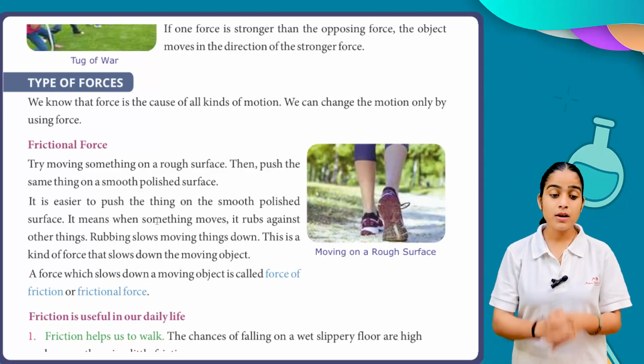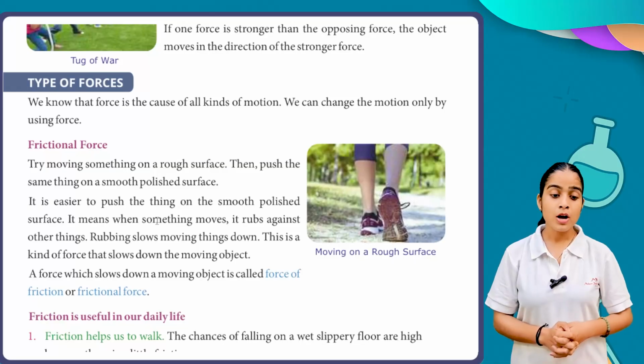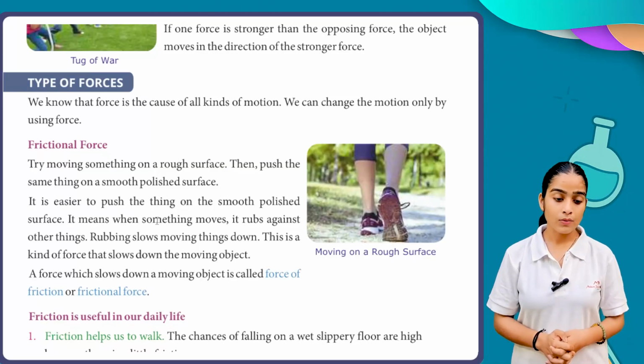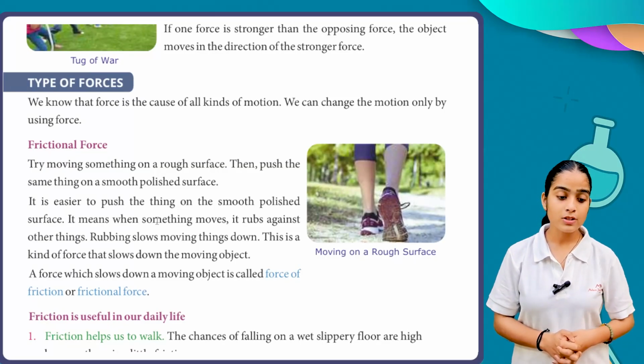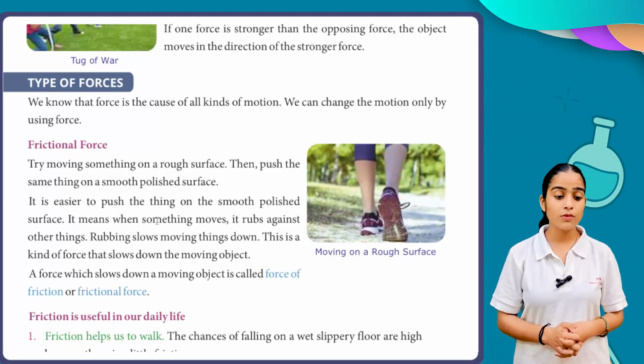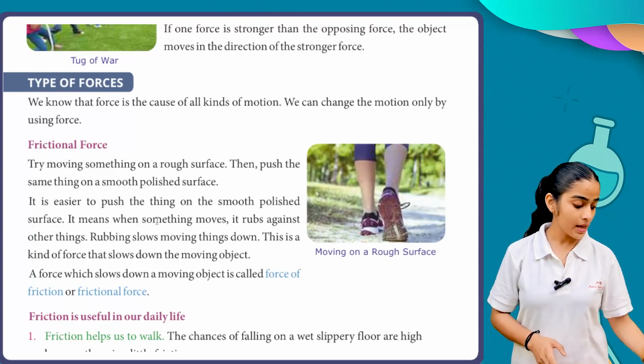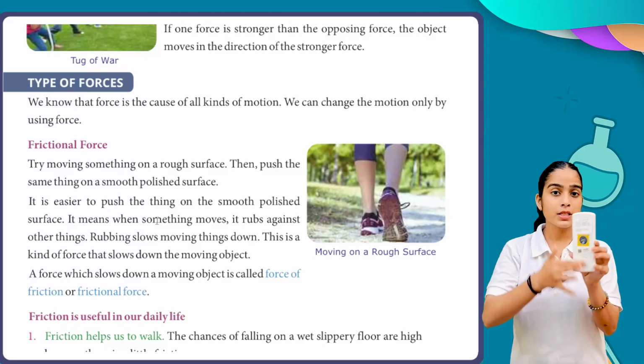It means when something moves, it rubs against other things. Rubbing slows moving things down. This is a kind of force that slows down the moving object. A force which slows down a moving object is called the force of friction or frictional force. So what we understand here, as you have seen, this AC remote surface is smooth, right?